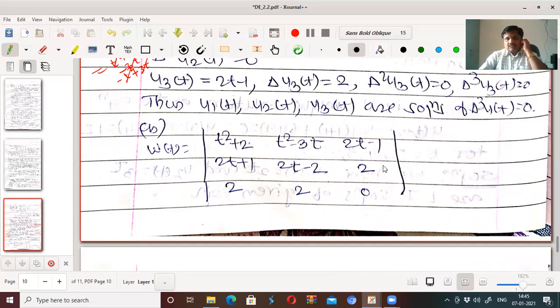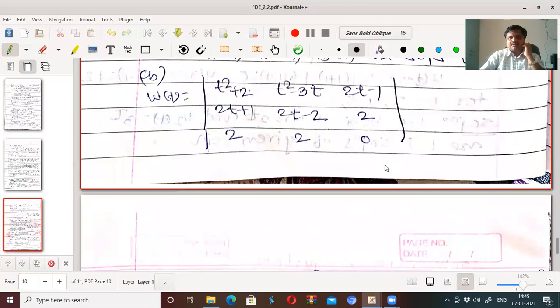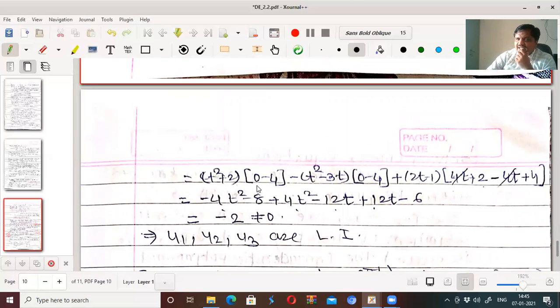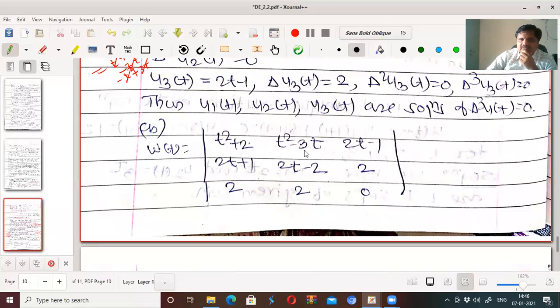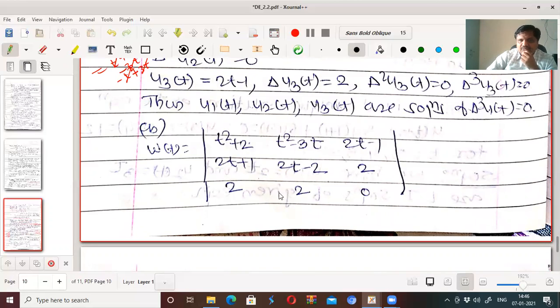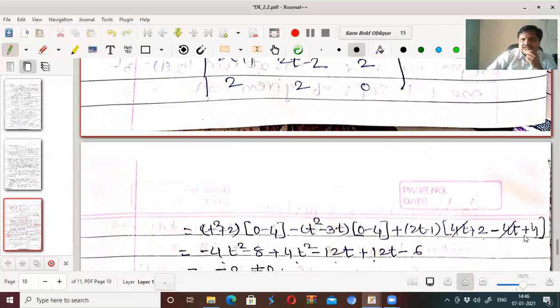Now we know how to find the determinant. t square plus 2 into the cross multiplication, that is 2t minus 2 into 0 minus 2 into 2, so t square plus 2 into bracket 0 minus 4, minus t square minus 3t into bracket 0 minus 4 again, and plus 2t minus 1 into bracket product of these two minus product of these two, 2t plus 1 into 2, that is 4t plus 2 minus 4t plus 4.